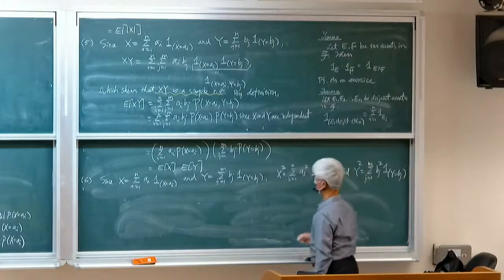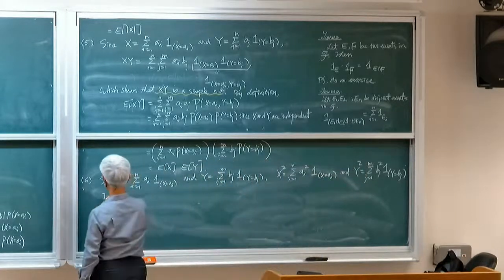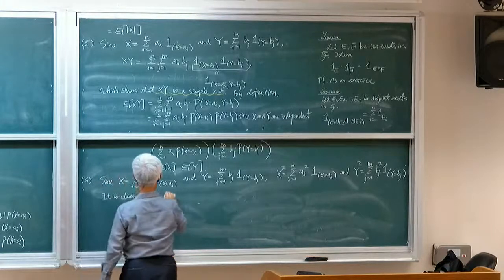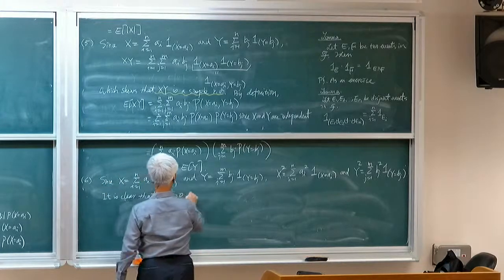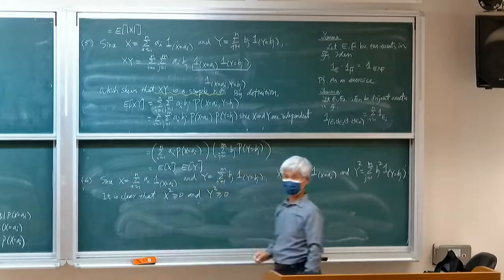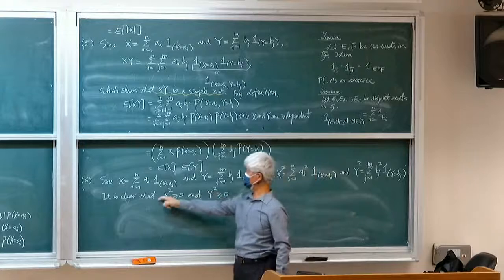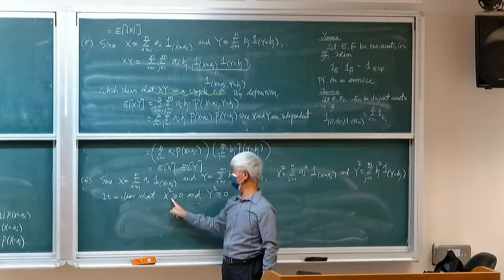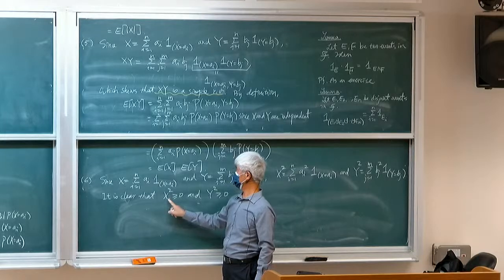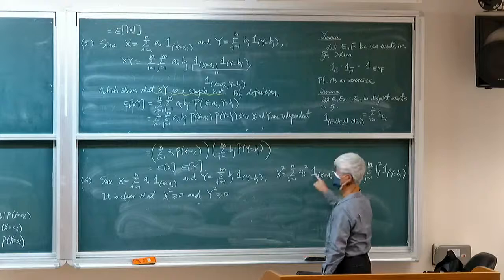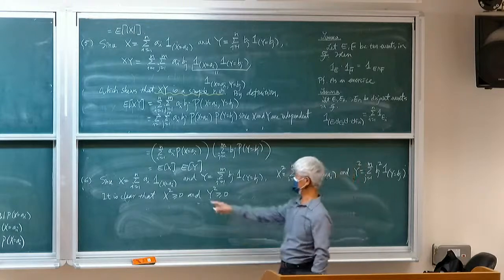From here, it is clear that x squared is greater than or equal to 0 and y squared is greater than or equal to 0, right? So this random variable is non-negative, and it's also simple.